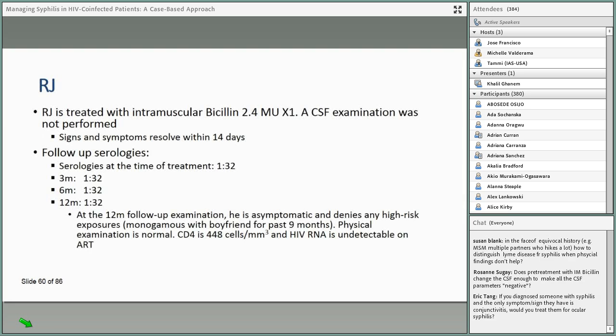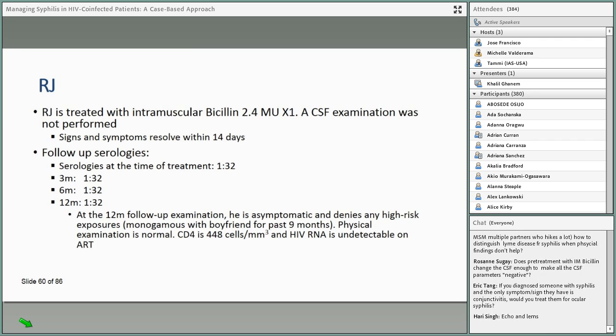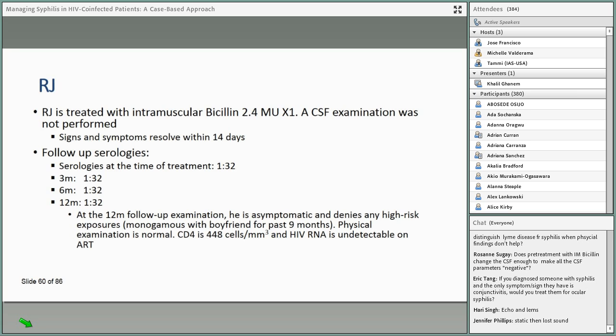But once you treat them, if they do better after treatment and their RPR titers decline and clinically they do better, there are 2 studies that I've summarized here that suggest that in patients who are HIV infected and well controlled on antiretroviral therapy, and those who are not HIV infected, as long as their serum RPR titers come down, you don't need to do any follow-up CSF examinations. And that's good news because physicians hate to do follow-up CSF examinations and patients hate them. So that's the good news.